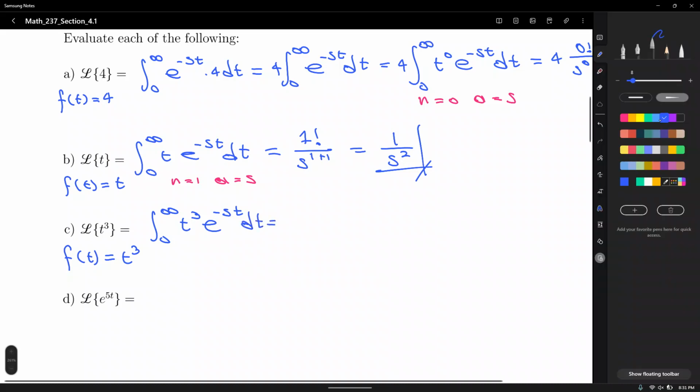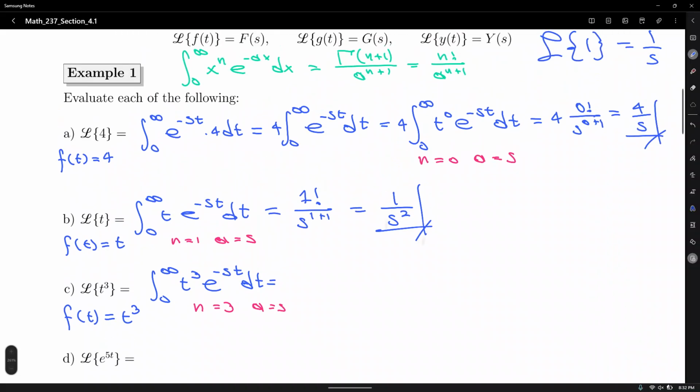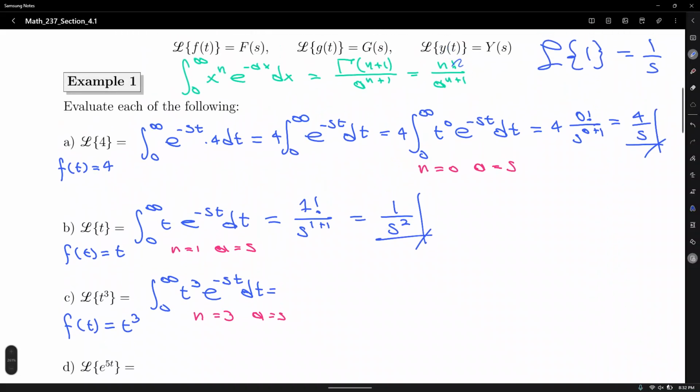In this case, n equals 3 and a equals s. Using the gamma function, that is n factorial, which is 3 factorial, over s, which is a, raised to the 3 plus 1. 3 factorial equals 6, and s to the 3 plus 1 is s to the 4th power.